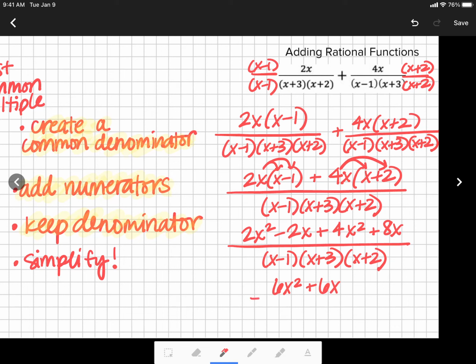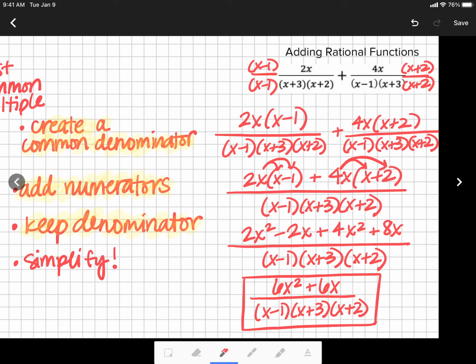And again, we're keeping the denominator intact. So we create our common denominator, we add our numerators, keeping the denominator intact, and lastly, we simplify.